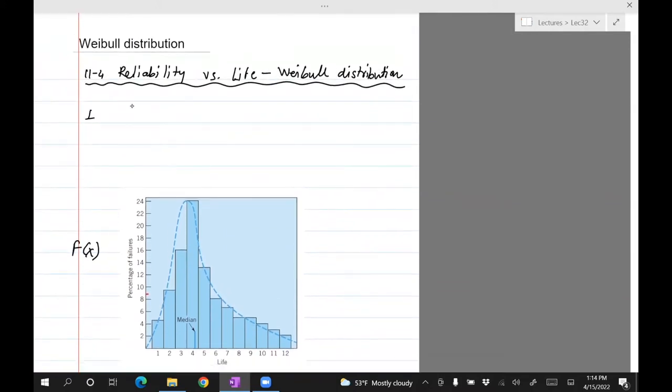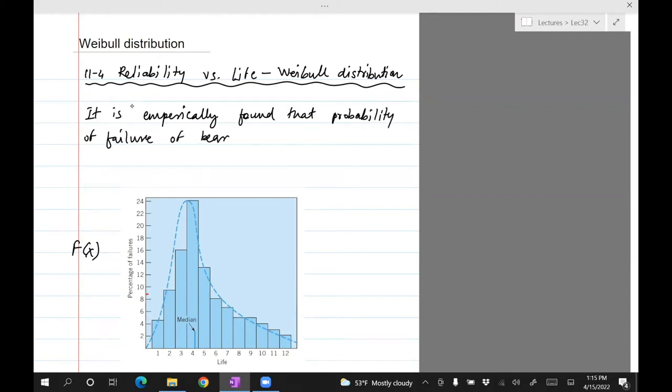It's empirically found that probability of failure of ball bearings or bearings in general follows a variable distribution.